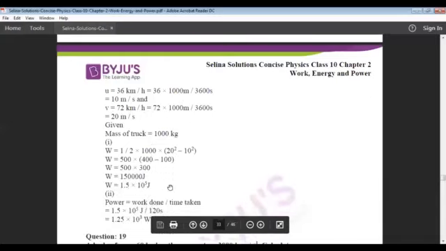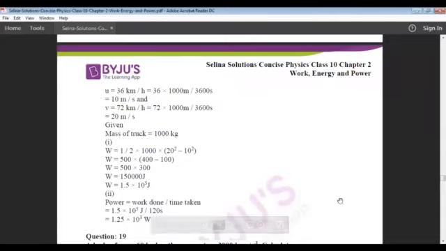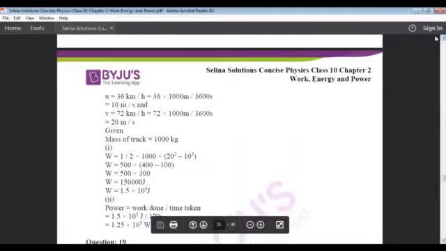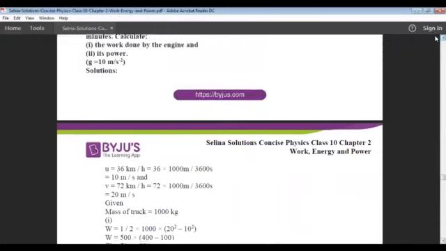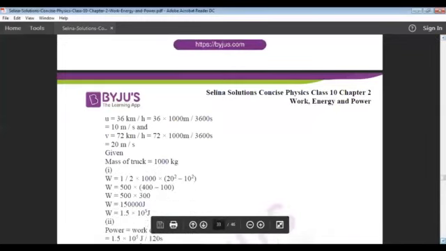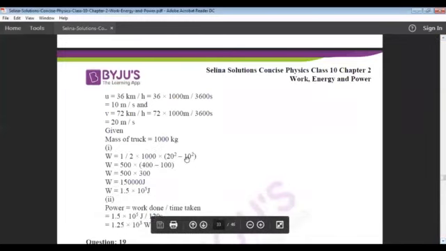Mass of the truck is given, so it is 1000 kg. We need to find the work done by the engine. Work done is equal to half into m into the difference in the velocities squared.